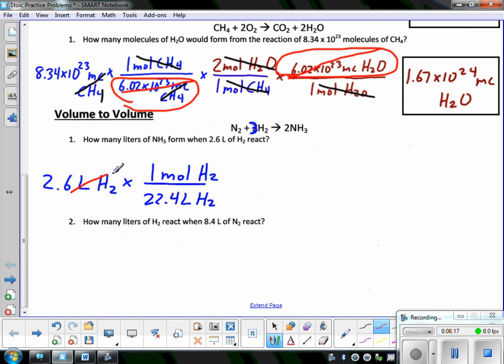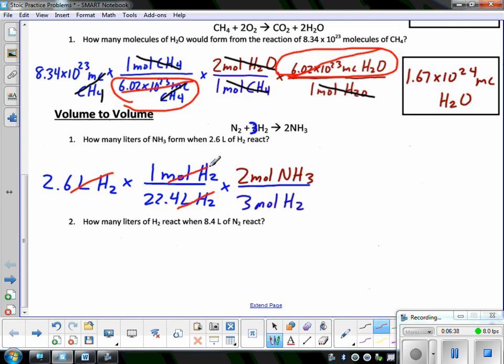So just like before, liters of hydrogen are here, so liters of hydrogen have to go on the bottom to cancel out. So now we're in moles of hydrogen. Using the mole-to-mole ratio from the equation, for every 3 moles of H2, 2 moles of NH3 are produced.